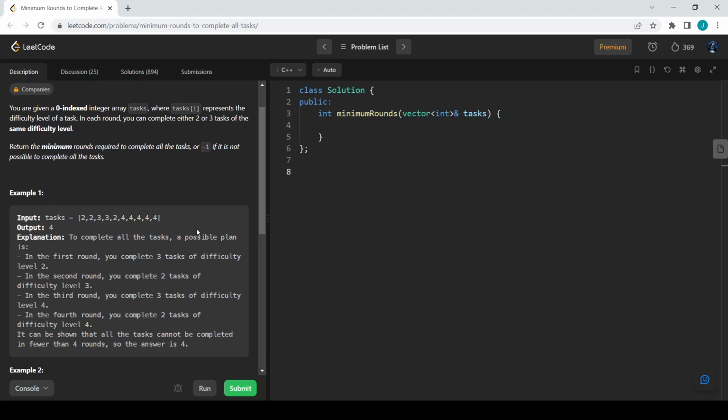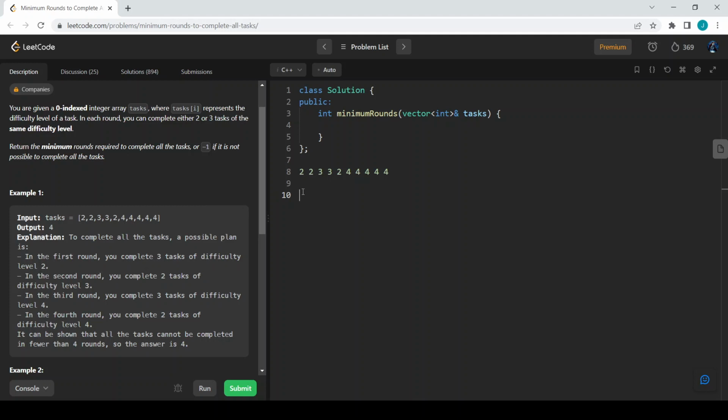So let us see example one. In example one, the tasks are 2, 2, 2, 3, 3, 2, 4, 4, 4, 4, 4, 4, 4, 4, 4. So how can we solve this problem? Obviously we want to complete tasks of the same difficulty level.